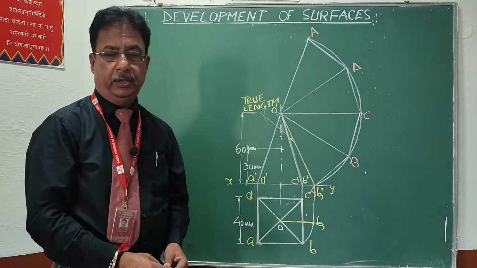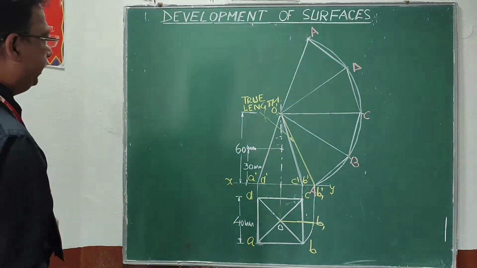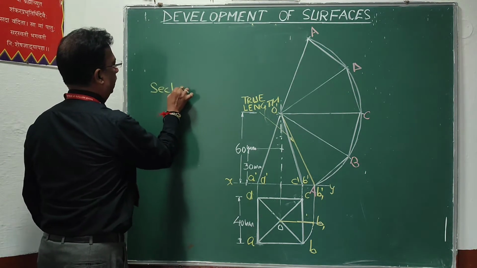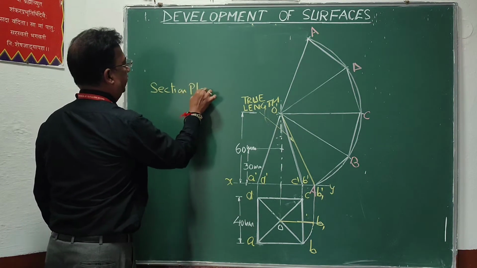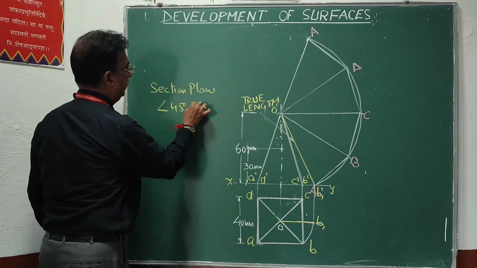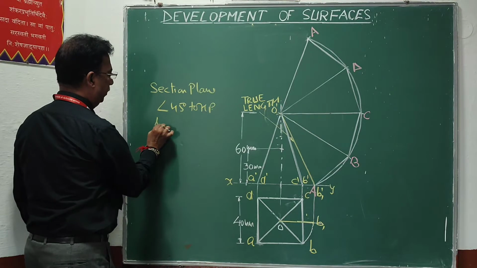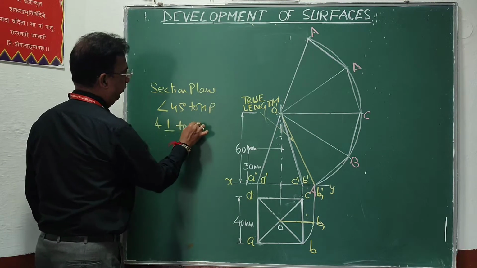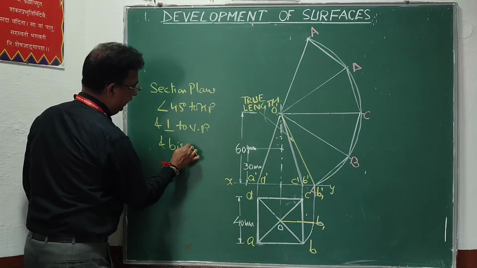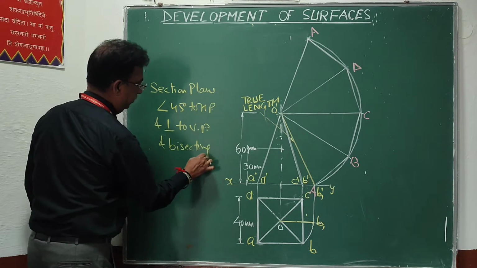Now suppose this square pyramid will be cut by a section plane which is inclined 45 degree to HP and perpendicular to VP and bisecting the axis of the solid.